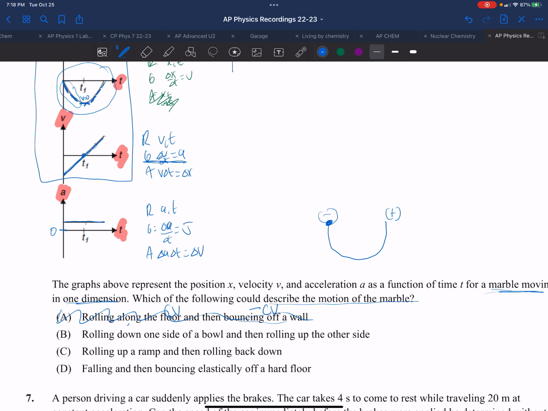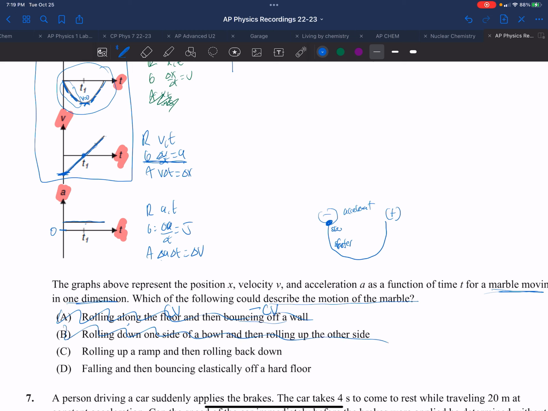This shows it going very fast to start. So notice when we release this marble, it'll be slow, and then it will get faster. What we see happening in our graph is it starts out the fastest at the beginning. This is something that's going to accelerate, right, from slow to fast, but this says it's going from fast to slow. So it can't be that.